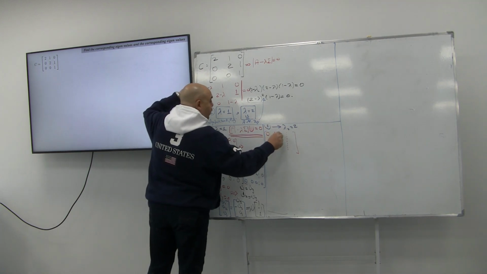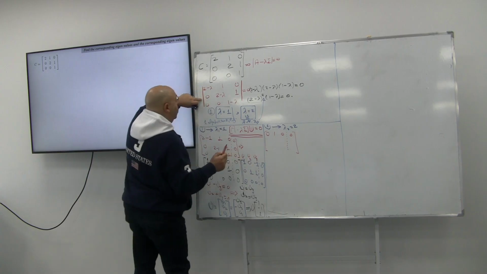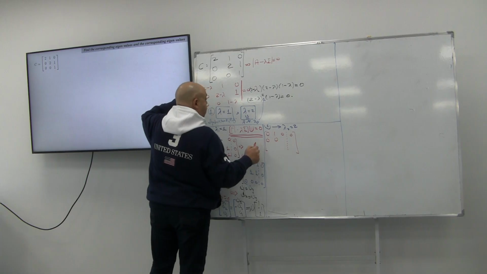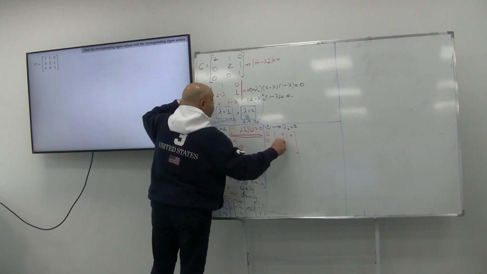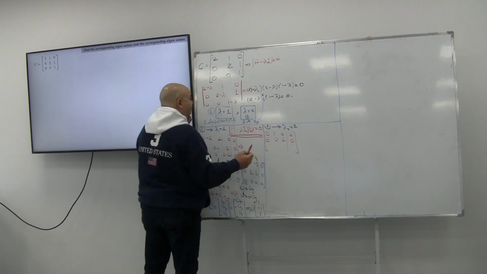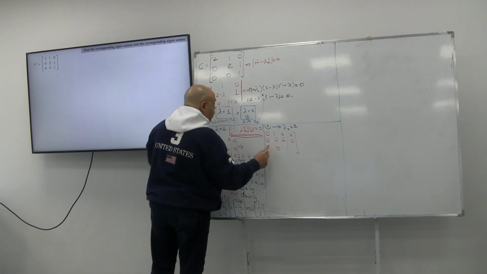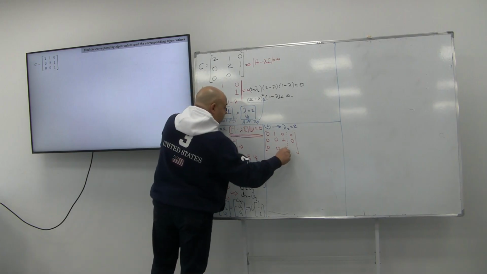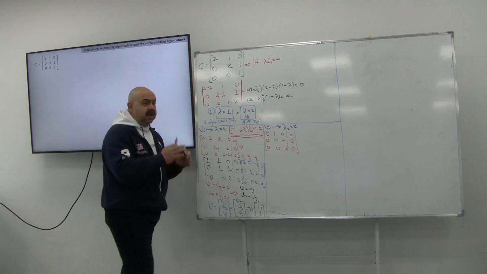Then I have 1 and 0 equals 0. For the second row, it's going to be a 0, 2 minus 2, so it's also going to be equal to 0. Then I will have 1 equal to 0. For the last row, I would have 0, 0, then 1 minus 2, which is negative 1, equal to 0.